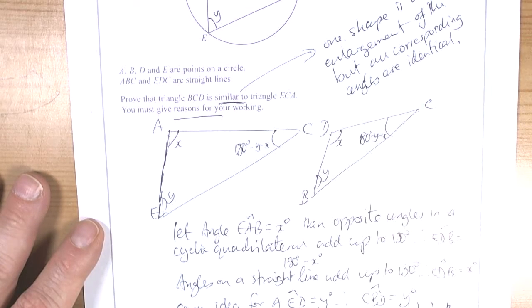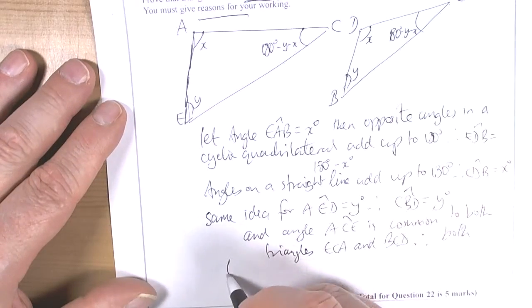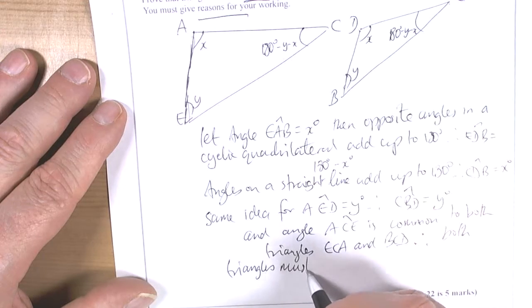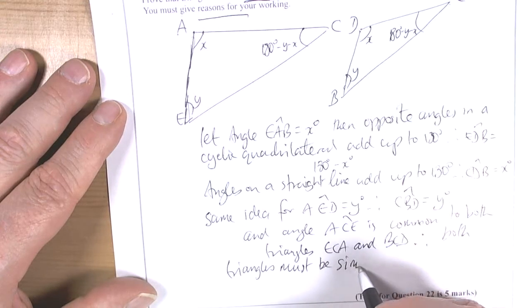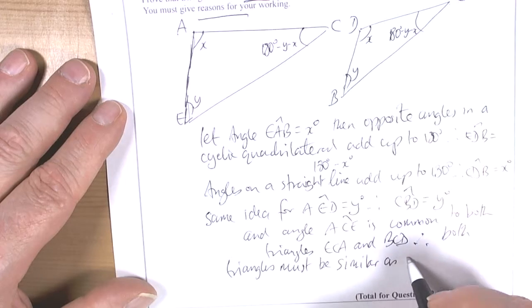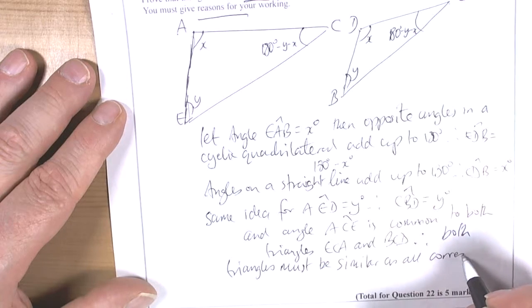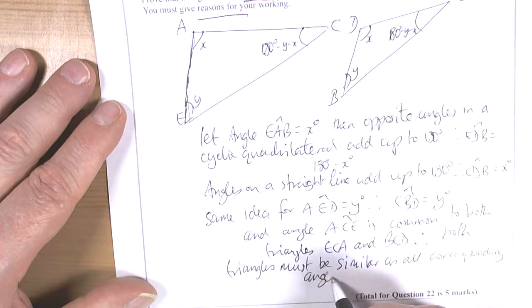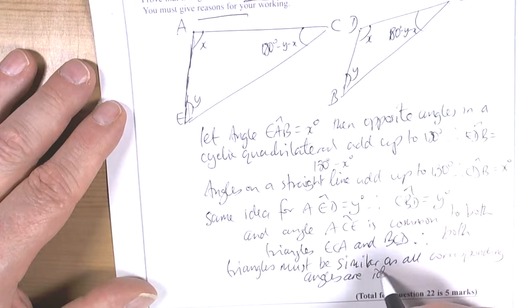Therefore, both triangles must be similar, as all corresponding angles are identical.